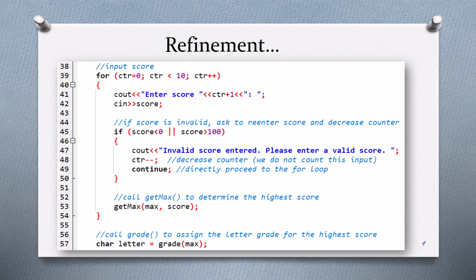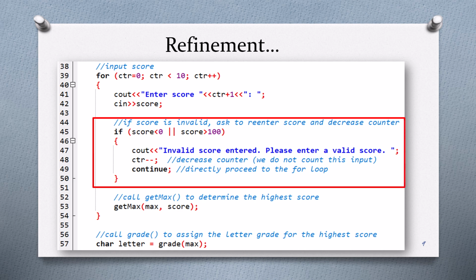If outside this range, then you have to display a message telling that the score entered is invalid, so ask the user to enter a valid score, and then decrease the counter. Decrease the counter and then continue, meaning we would like the control to go and repeat the for loop again.